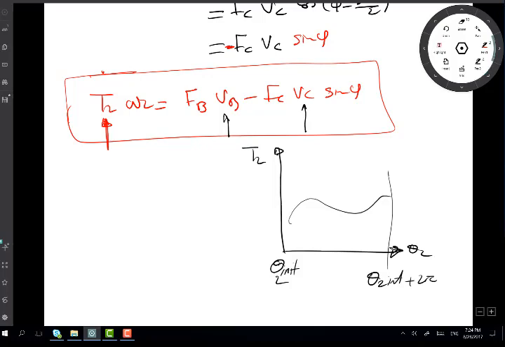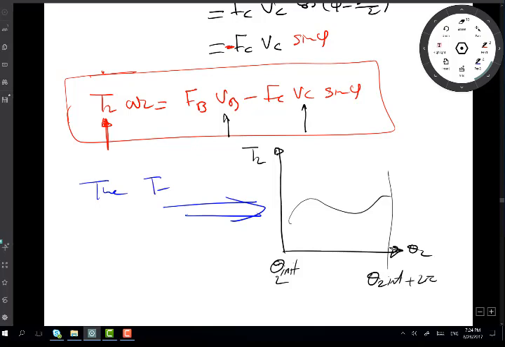We refer to this graph as the T-θ diagram. This characterizes the system. This tells us how much torque is required at the crank for the mechanism to rotate without stopping, while at the same time overcoming the load which was trying to stop it.